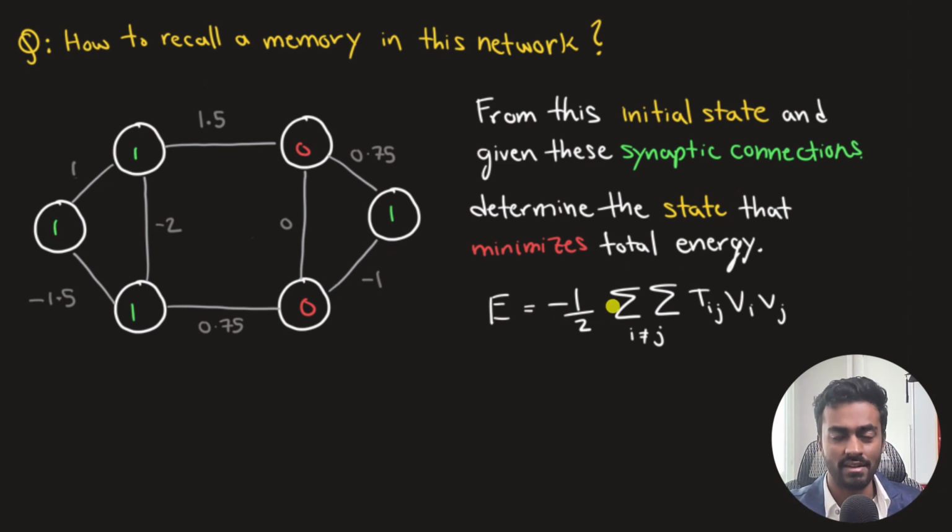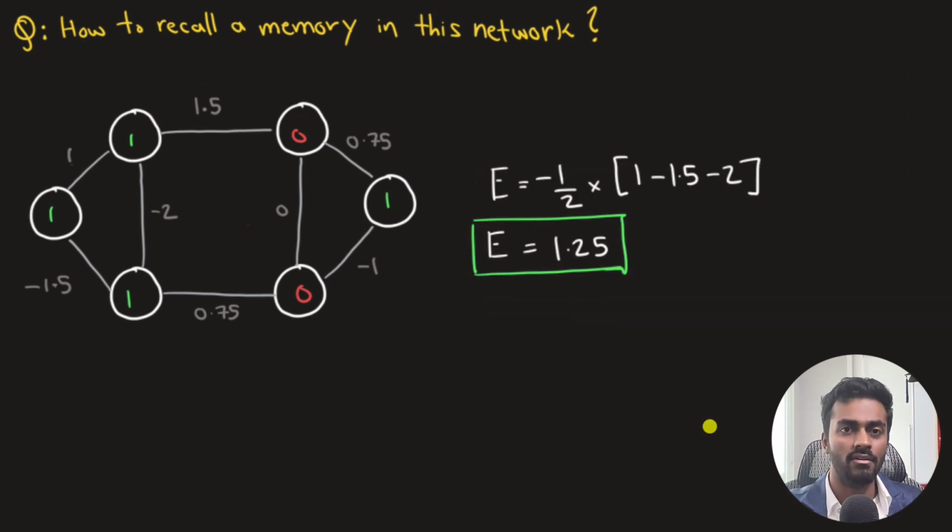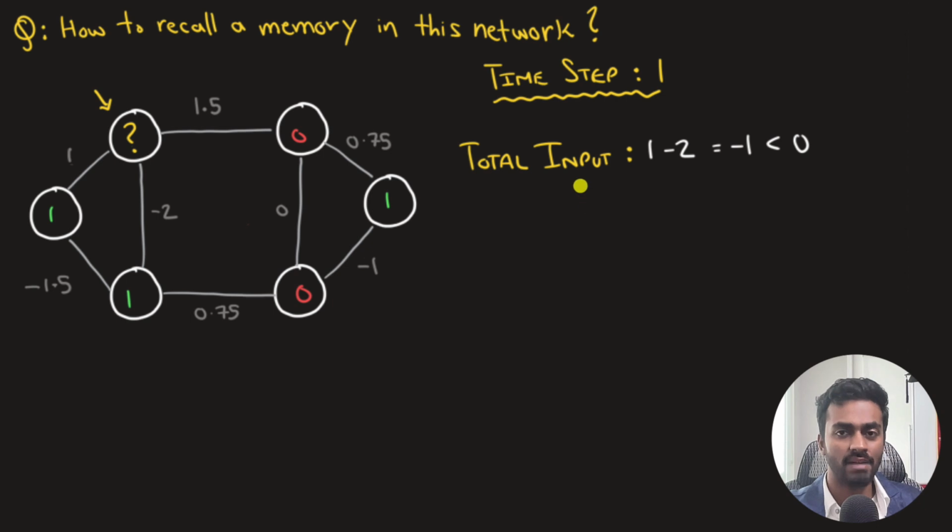So from this state, we want to minimize the total energy. Now, for this current initial state, the energy is 1.25. So in time step 1, what we're going to do now is just choose a random neuron. And let's say that we chose this one. Now for this neuron, we will take the synaptic connection and multiply it by whether the neuron is firing or not, and see if it is above 0.